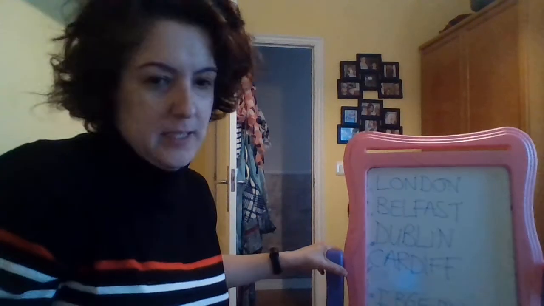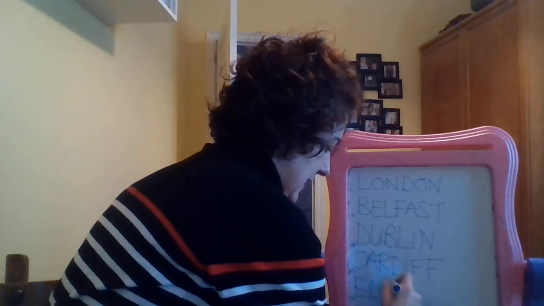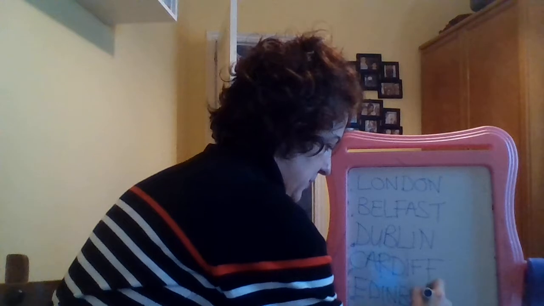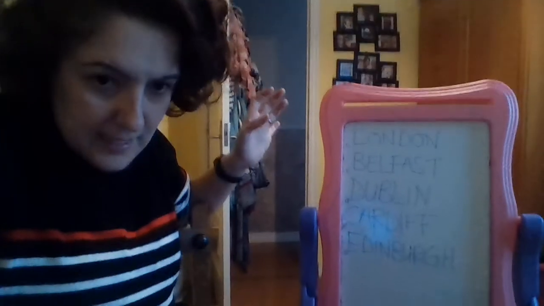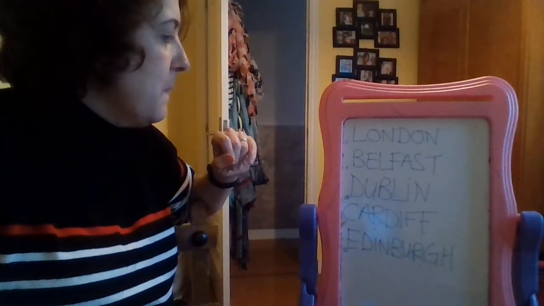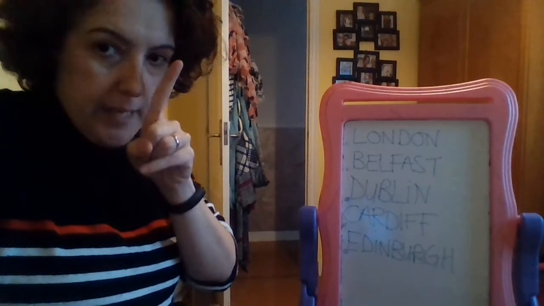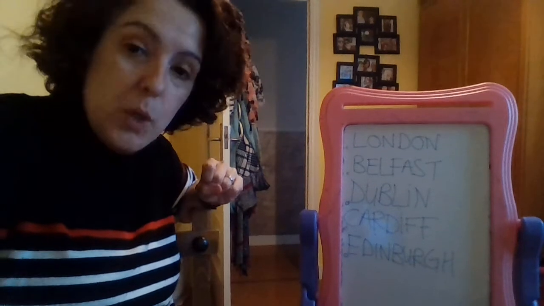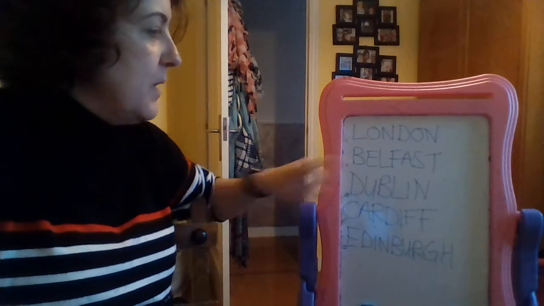And the last one. Edinburgh. Edinburgh, Scotland. Okay, can you see them all? There you go. So, all of these, except for one, are part of the UK. London is England.